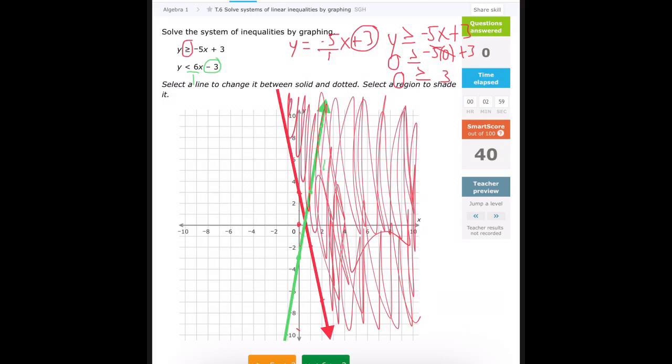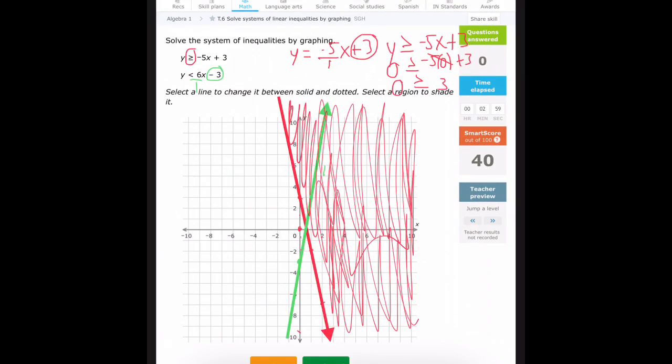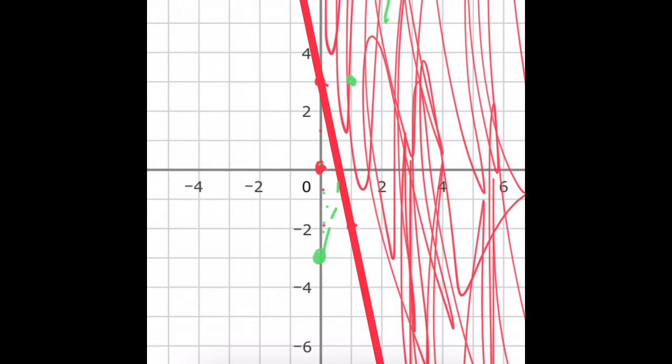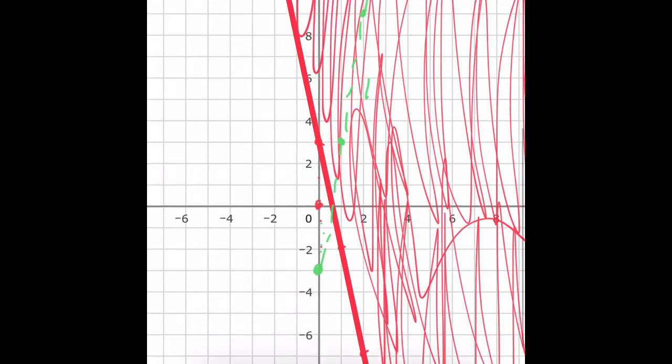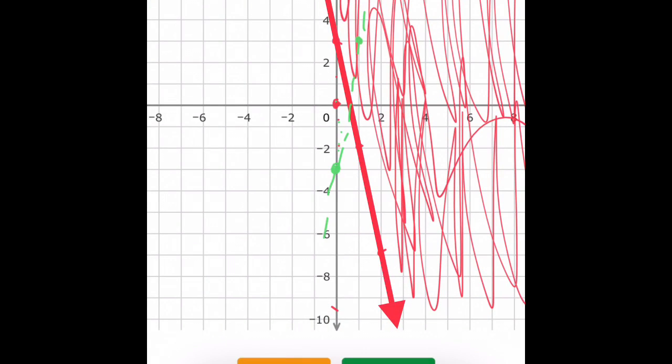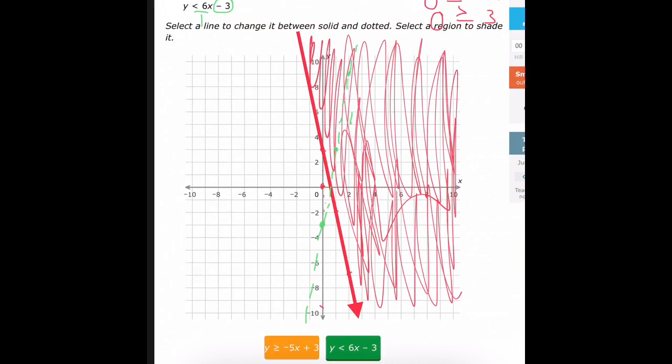So maybe I can just delete that. We'll just kind of draw in the best we can a dotted line that goes through here. All right, something like that.